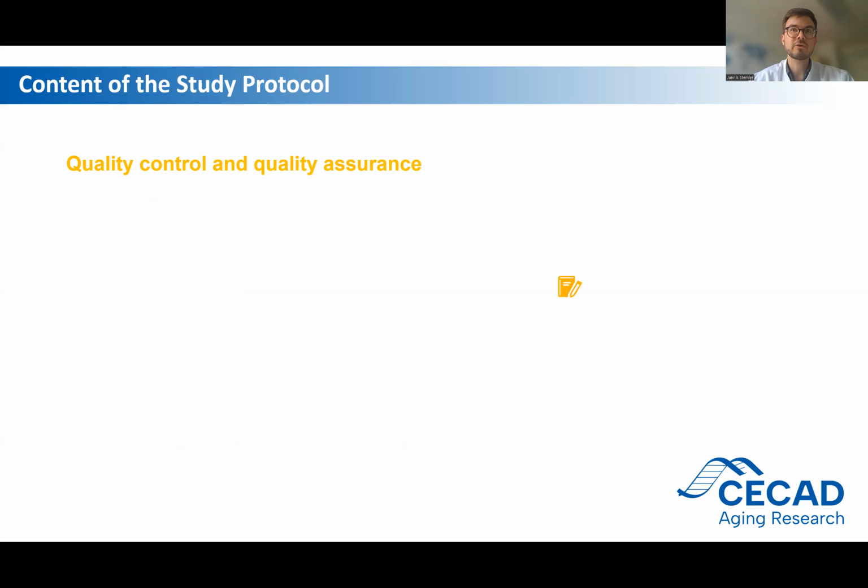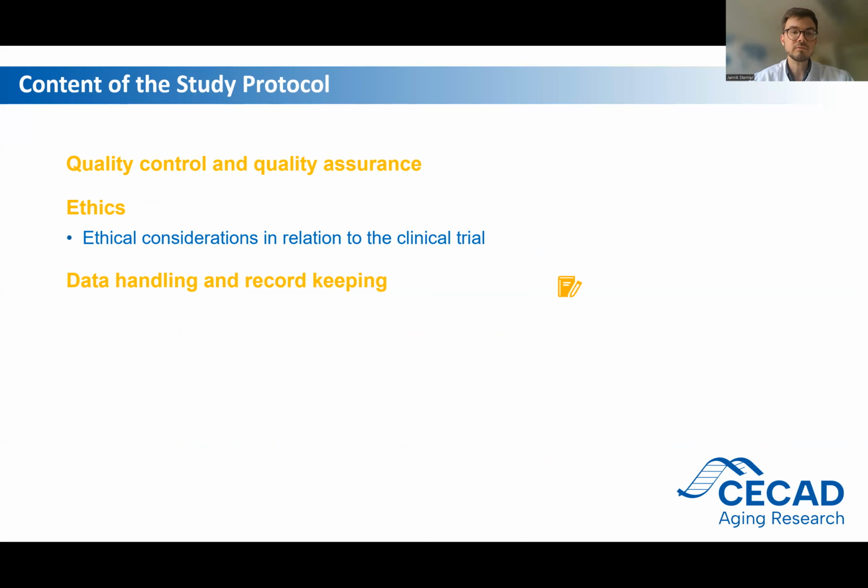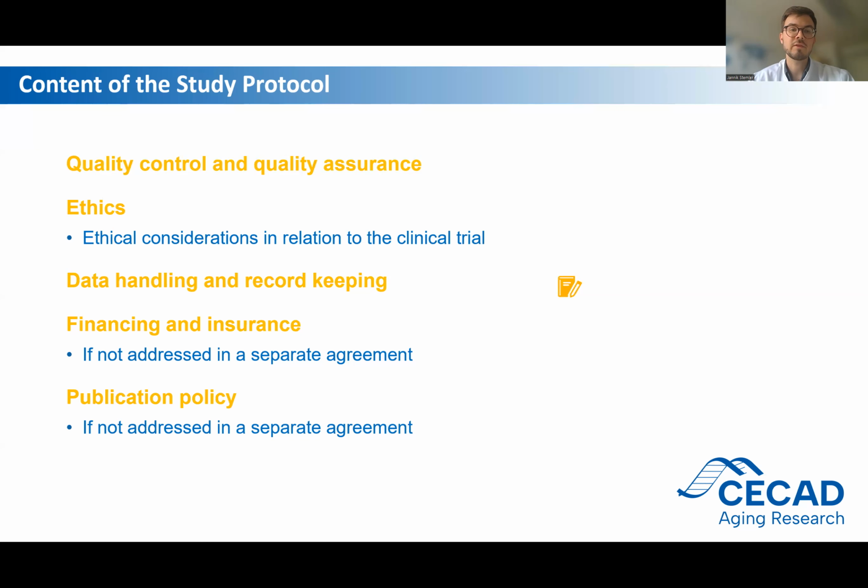In addition, the study protocol comprises parts describing quality control and quality assurance, ethical consideration in relation to the clinical trial, data handling and record keeping, financing and insurance, if that applies to study participants, and this is included if this is not addressed in a separate agreement, and the publication policy if this is not addressed in a separate agreement among the investigators.